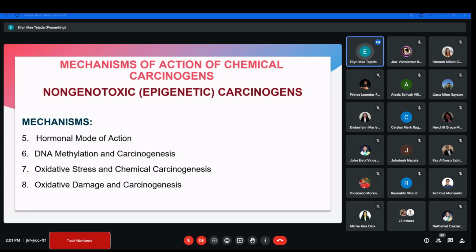So both of these two categories, 7 and 8, oxidative stress and oxidative damage, could increase reactive oxygen in the cell through either physiological modification or chemical carcinogen exposure, which then contributes to the carcinogenesis process.